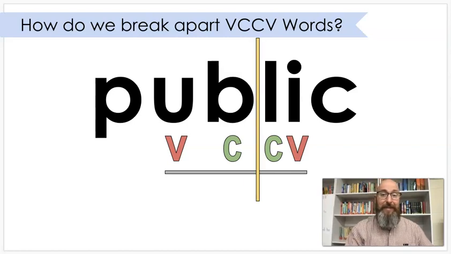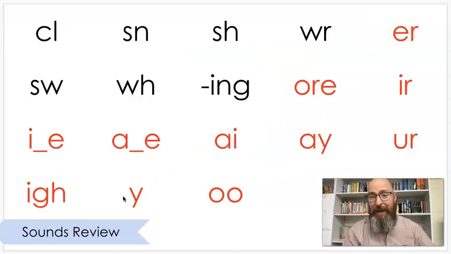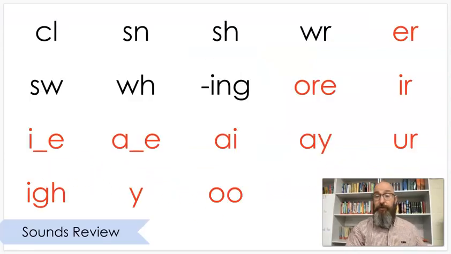Between the consonants. And now both vowels have a letter behind it. What does that mean they are, open or closed? They are closed because they have letters behind them, protecting and guarding them, which means they make the short vowel sound. And I can sound that out. Pub, ul, ick, lick. Public. Public.